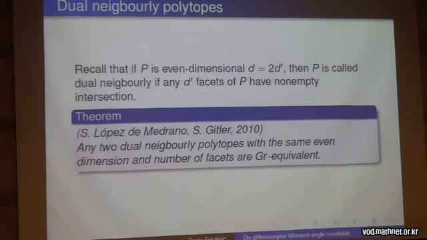A result of Lopez de Medrano and Schittler proved that such polytopes give rise to connected sums of products of two spheres, and they only depend on the dimension and number of facets. It is then easy to prove that we have graded equivalence.